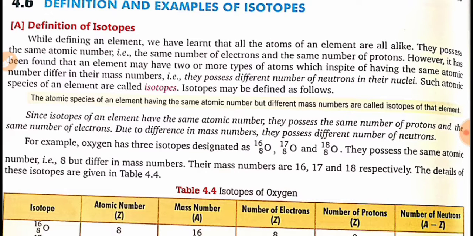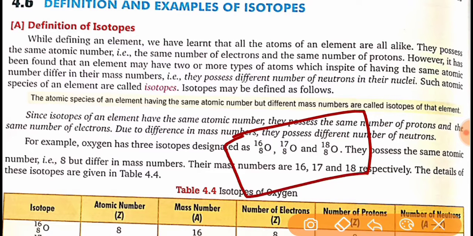If we take an example of oxygen, three isotopes of oxygen are found. One is there which we normally know, its general formula oxygen, atomic number 8 and mass number 16.